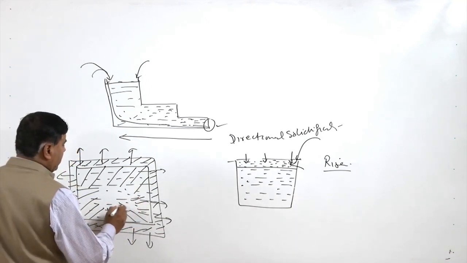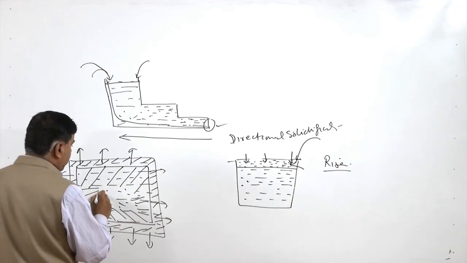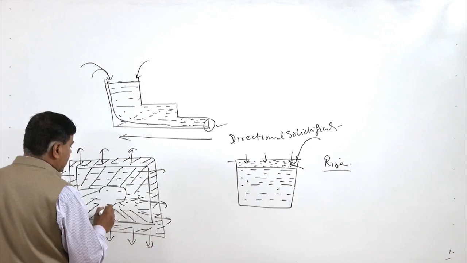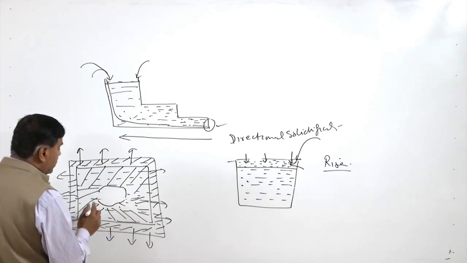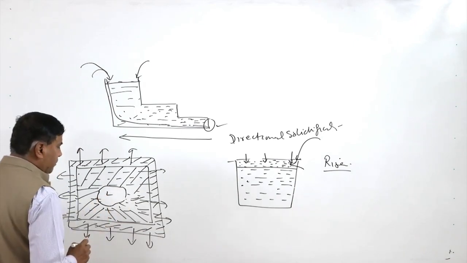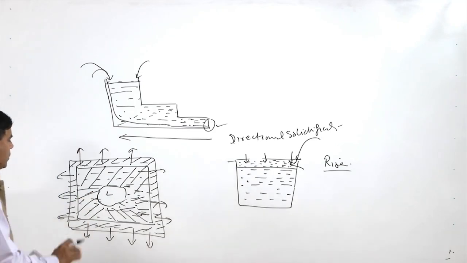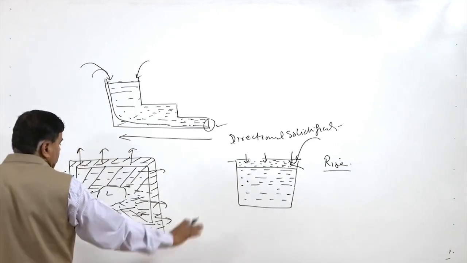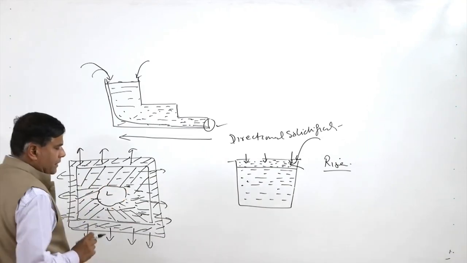Finally, due to the shrinkage of the liquid metal on account of the transformation from the liquid to the solid state, this is say the zone which is left for the liquid metal and all these are the areas which have been solidified. Here solidification is progressing from all the sides and the liquid metal will be left at the center.